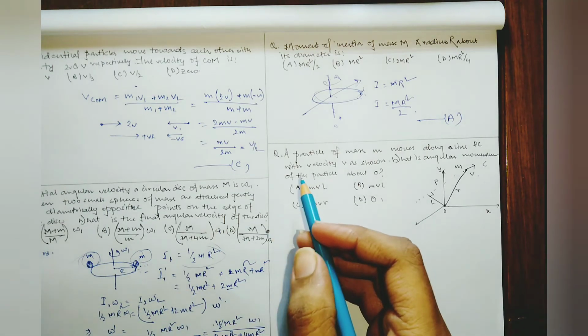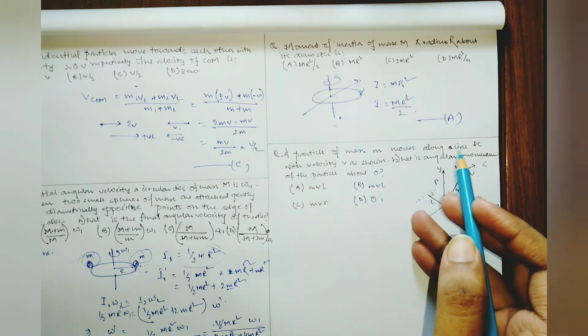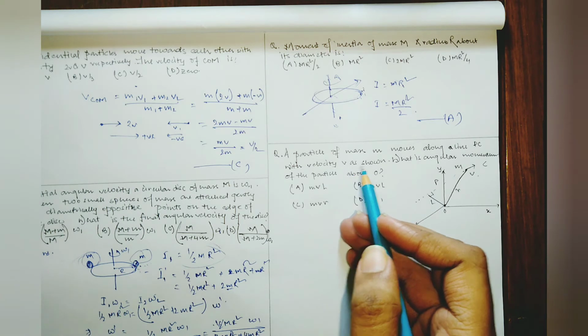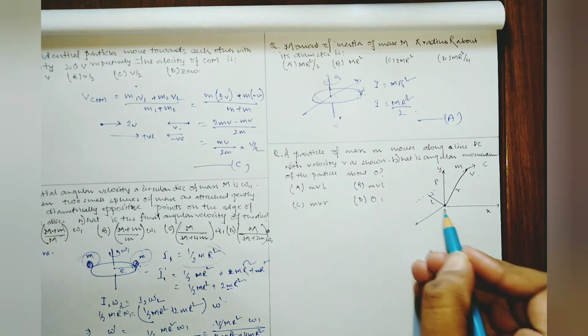This is the fourth question, friends. The question reads: a particle of mass m moves along PC with velocity v as shown. What is the angular momentum of the particle about O?